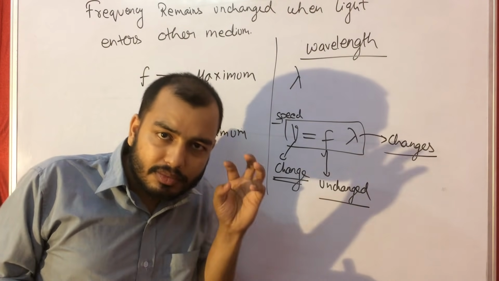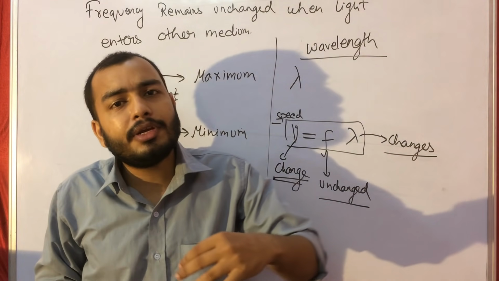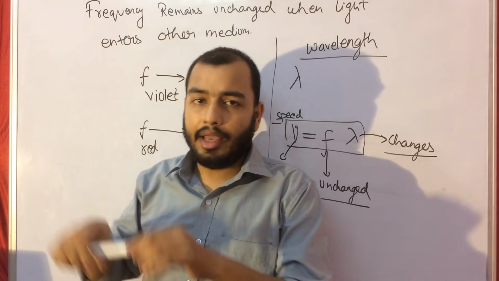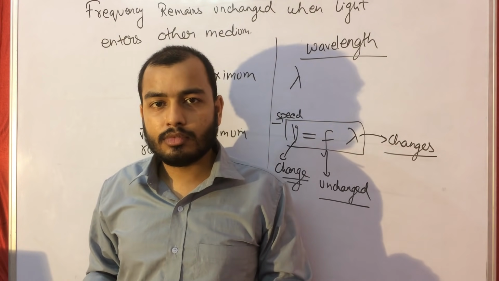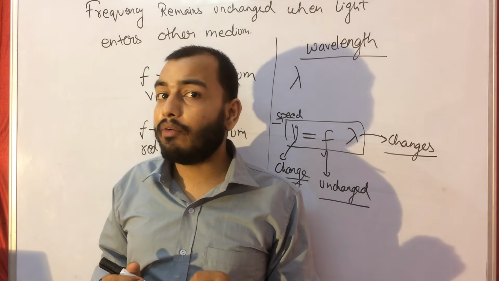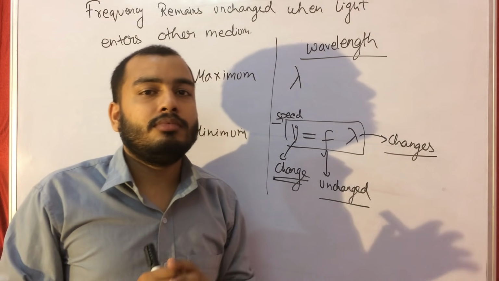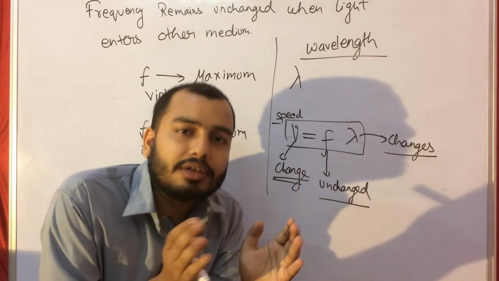But violet becomes slowest and red becomes fastest, and all of their speeds are lesser as compared to their speed in air. In air, light was travelling at 3 into 10 to the power 8. Red was also 3 into 10 to the power 8. Violet was also 3 into 10 to the power 8. But in the medium, all of their speeds have decreased. Red's speed is not that much decreased and violet's speed is very much decreased.